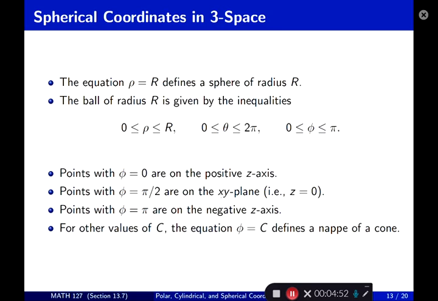So different phis can give you completely different stories. Points with phi equal to pi are on the negative z-axis. And for all the other values of c between 0 and pi, other than 0, pi half and pi, phi equal to c defines a nappe of a cone.